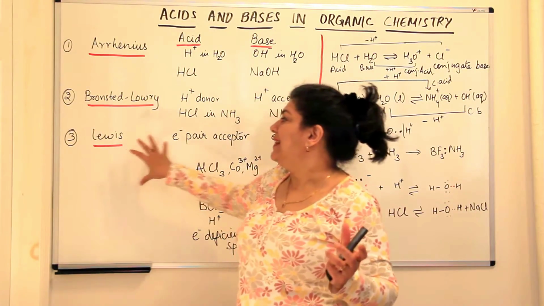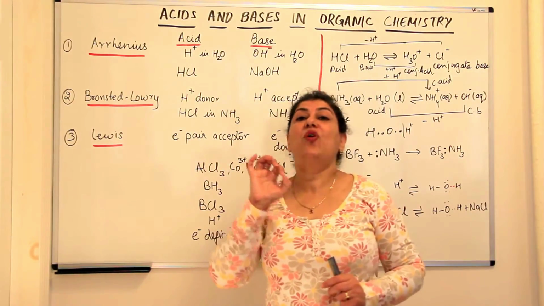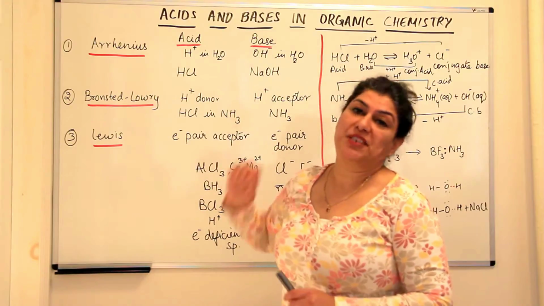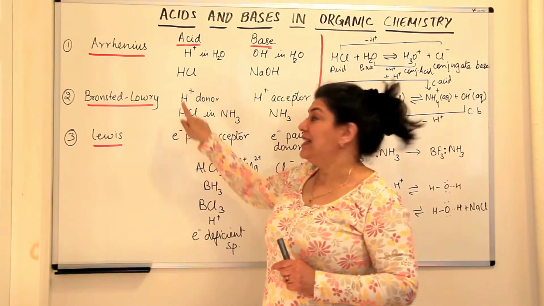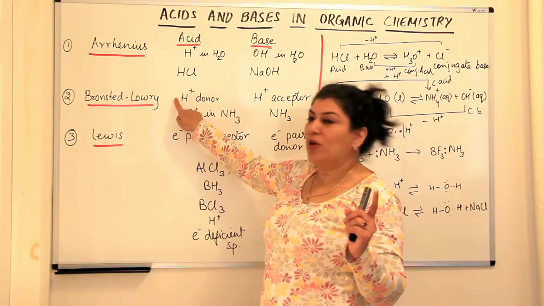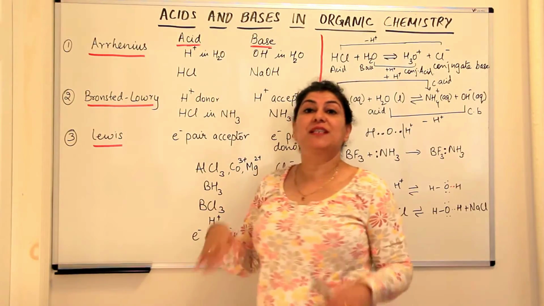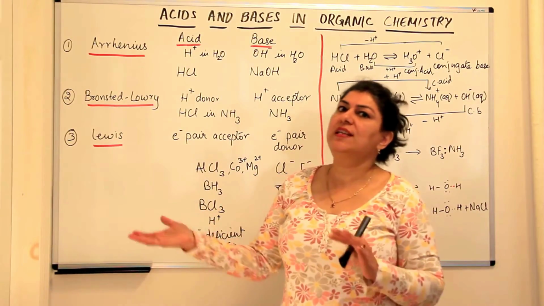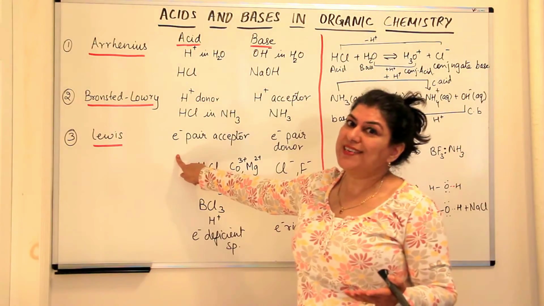So he said that an acid is an electron pair acceptor. Remember, a proton is positive and an electron is negative. So just to memorize: if donating a positive substance is acidic character, obviously the opposite in the case of negative charge should also be acidic.